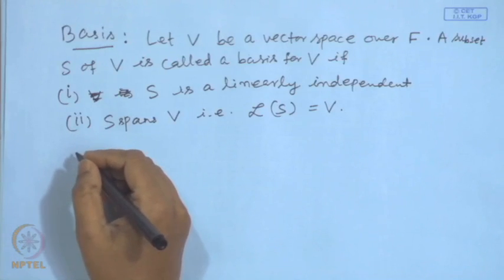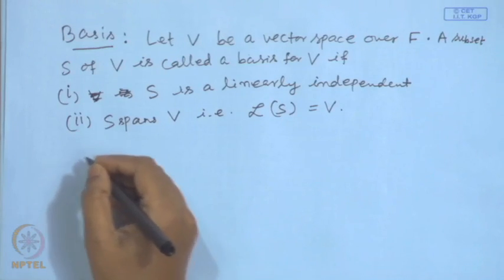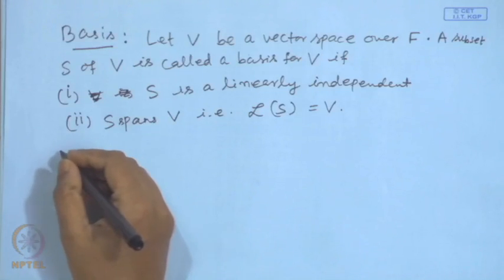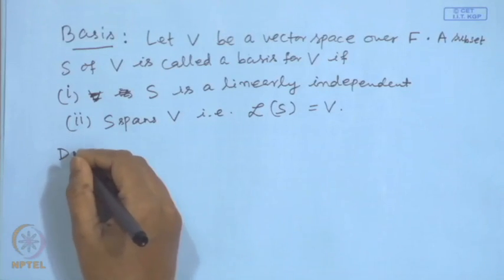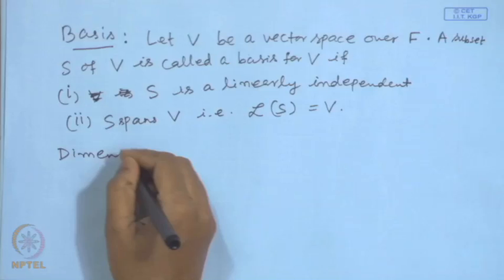So, let us see some examples. Of course, before that we shall define the dimension of a vector space.